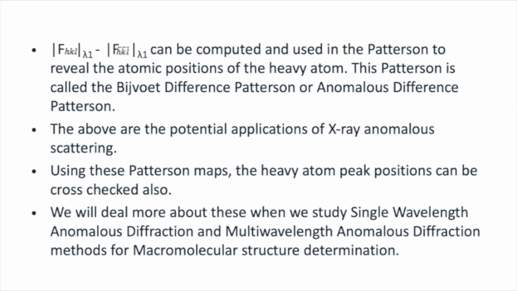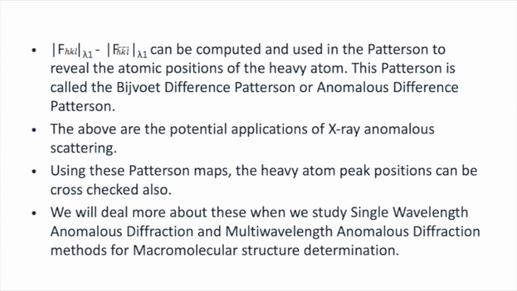We have at lambda 1 mod FHKL different from mod F of H bar, K bar, L bar because IHKL is not equal to IH bar, K bar, L bar. This is known as violation of Friedel's law. These differences can be squared. Patterson means automatically squared. This will give you the position of the heavy atom contributing to the anomalous differences. This is known as anomalous difference Patterson or Bijvoet difference Patterson.